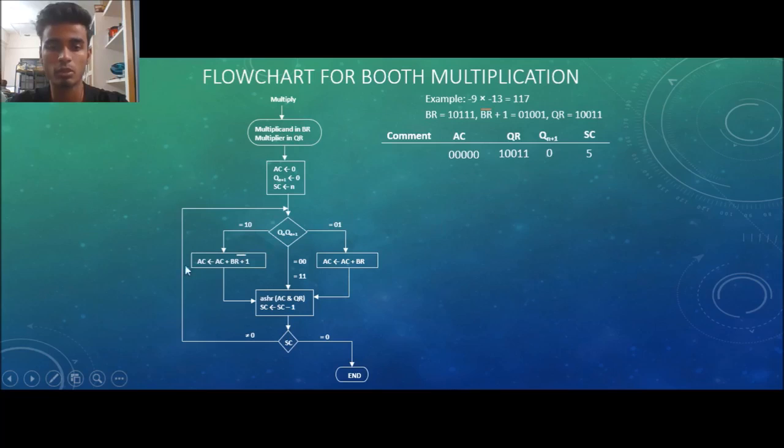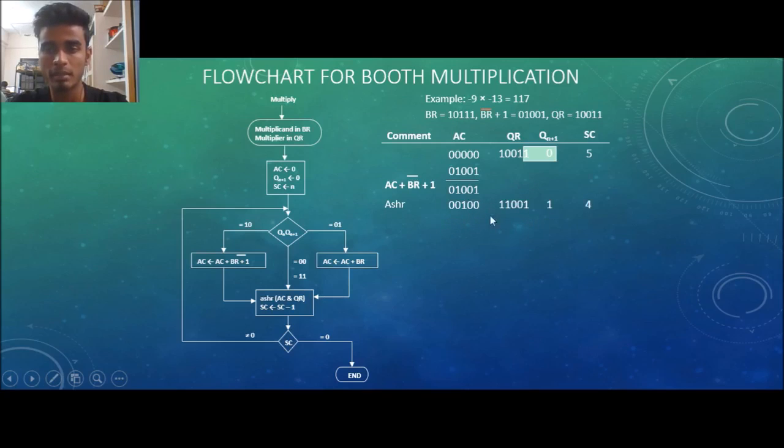So we'll perform this operation where we add AC and the 2's complement of BR. After the addition of AC and the 2's complement of BR, we get 0 1 0 0 1, and then we have to perform arithmetic shift right of AC and QR.